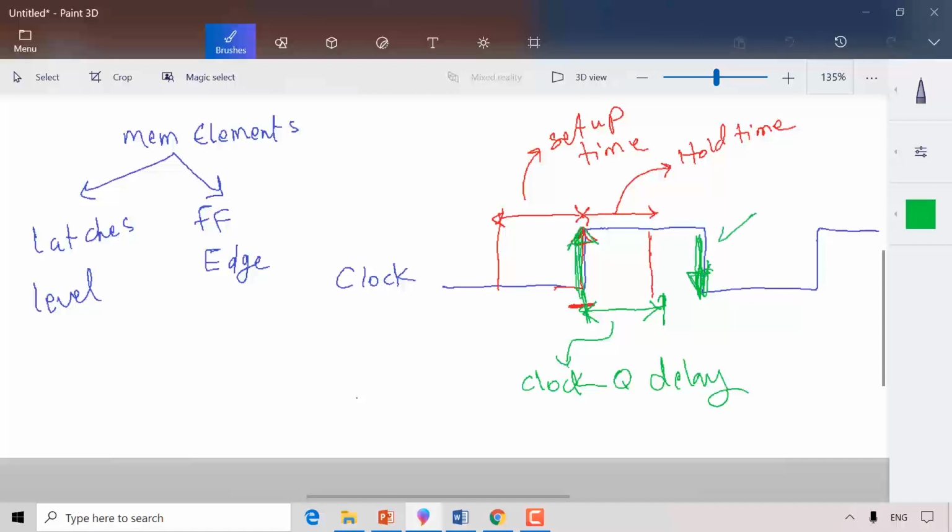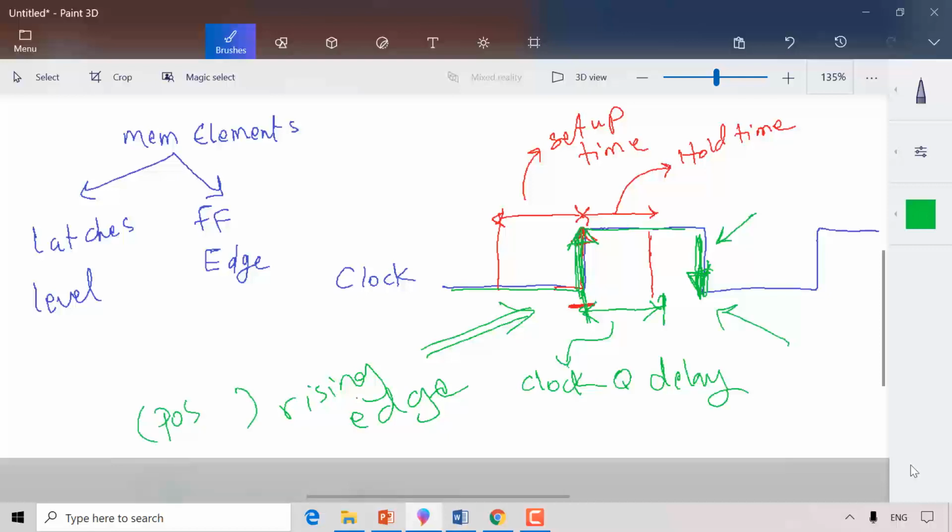Sometimes the flip-flop operates here, but these are very few flip-flops. Most flip-flops operate on the rising edge, which is when the clock goes from low to high. We call this rising or positive edge, and this is falling or negative edge flip-flops.